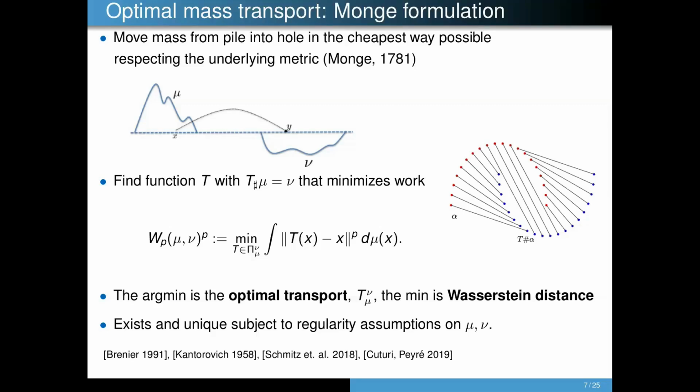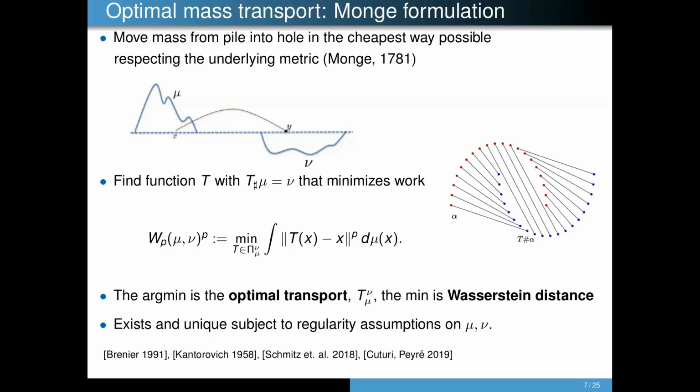The best or cheapest way is defined with this optimization problem that you see in the middle, which says: I'm going to take a function T that moves mu into nu, and I want the overall work the function does to be minimal. The way I'm measuring that is, how am I moving the mass? So this is T of x minus x, multiplied with the amount of mass I'm moving, so the way times the mass.